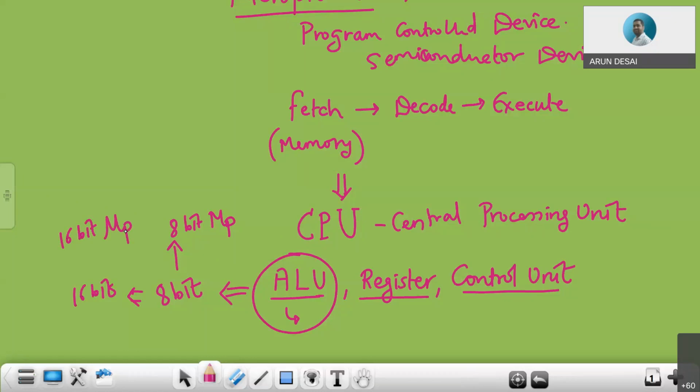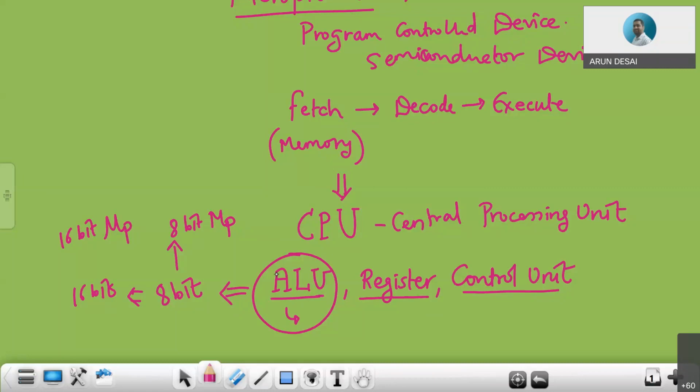So the ALU processes the data which comes to the semiconductor. The size of data that the ALU is going to process is referred to by the bit size of the ALU, and that is referred to as the microprocessor size, right?